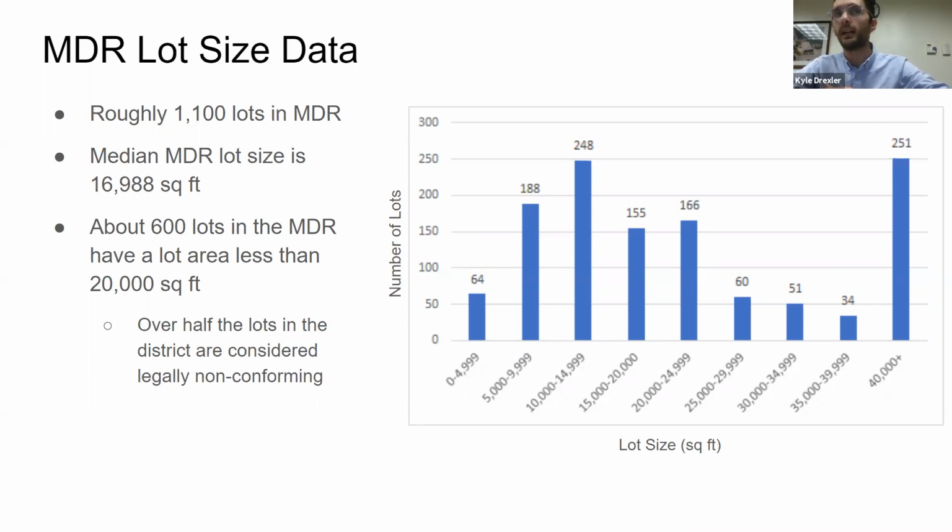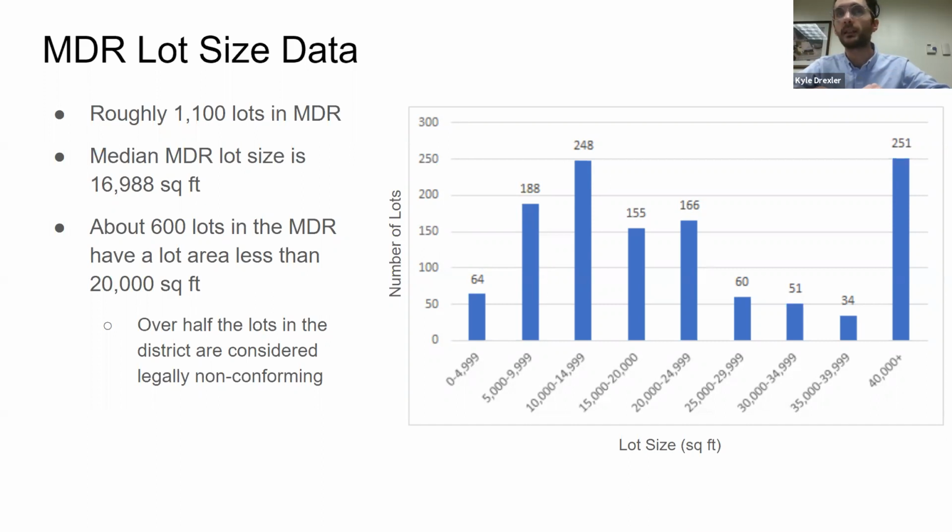The median lot size in the district is just under 17,000 square feet. If you recall, the requirement right now to create a new lot in the district is 20,000 square feet, but the actual median lot size is only between 16 and 17,000 square feet.